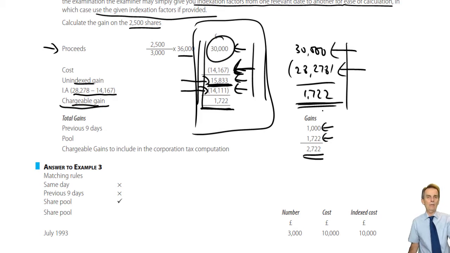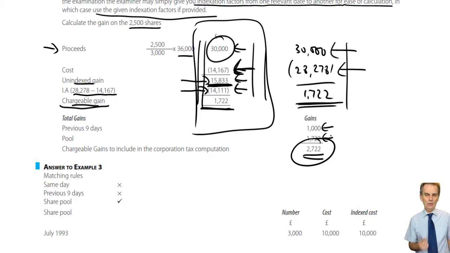Again, be careful there as regards what the specific requirement is. Do they want the overall gain, or for example, just the gain arising on the shares in the share pool? They can write any requirement they wish, read it carefully, and give them the answer. The overall chargeable gain, that's the most likely thing to ask for, 1,722.